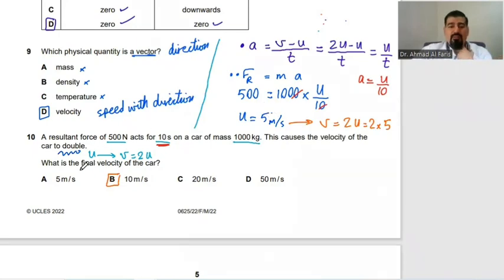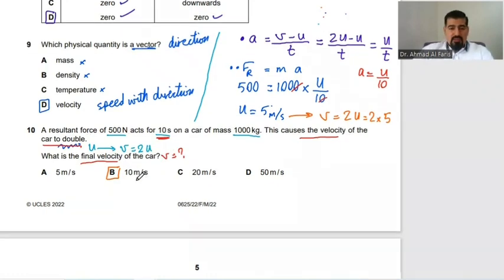Now they ask about the final velocity, v equals question mark. We found that the initial velocity is 5 meters per second, and the final velocity is doubled after 10 seconds. So the answer is 2 multiplied by 5, which is 10 meters per second.